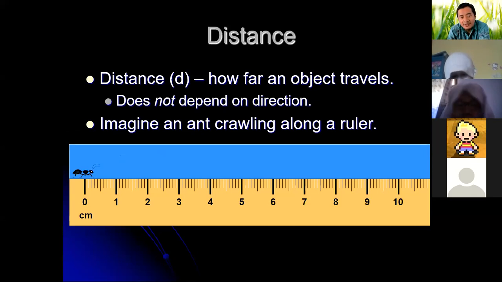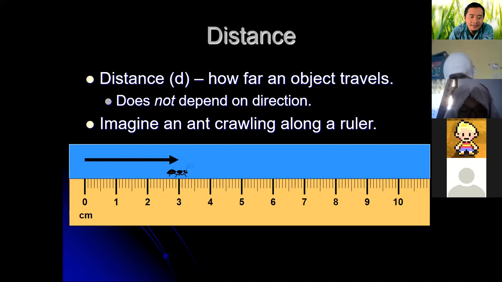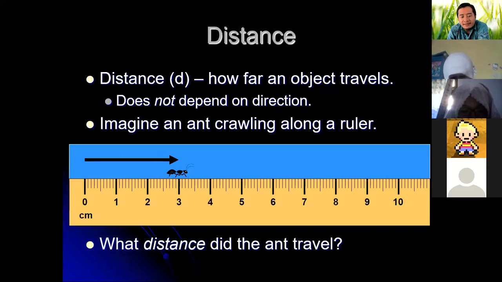This is the illustration of distance, from 0 until 3. So what distance did the ant travel? The distance is 3, from 0 to 3, only like this. So simple for us, the distance.